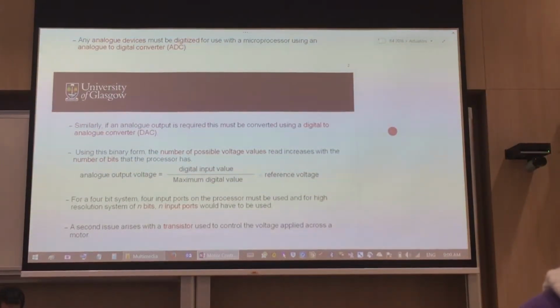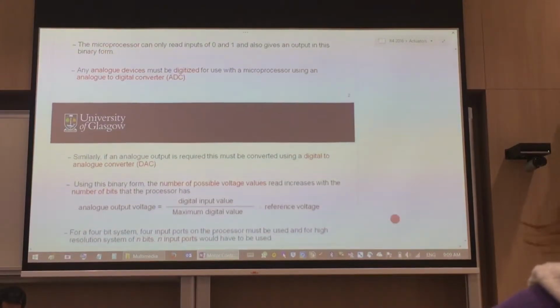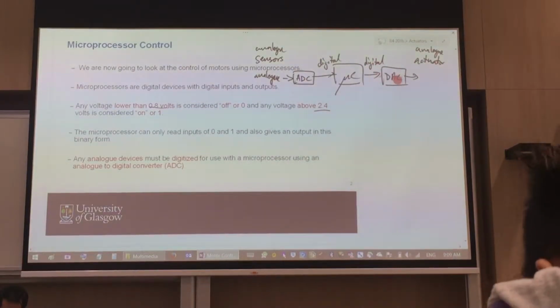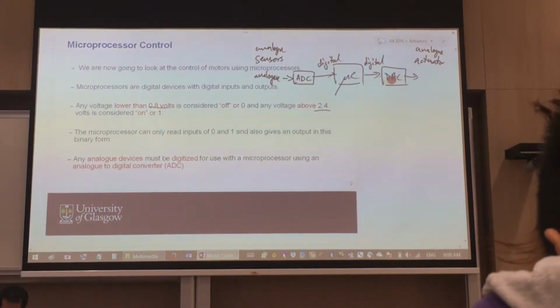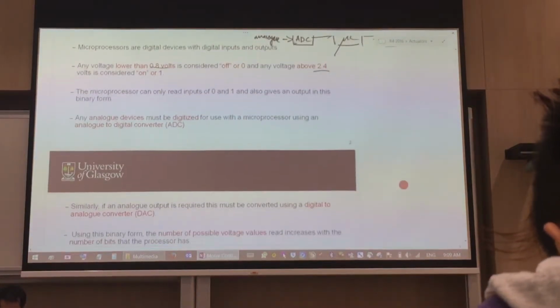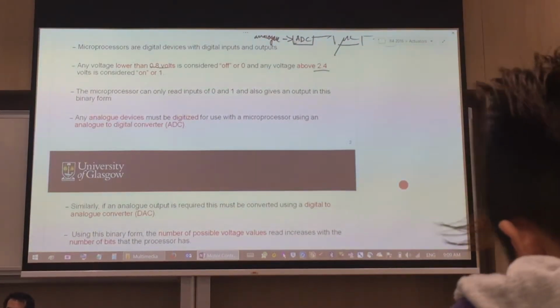So then how do we make use of this DAC converter? We use the DAC when we want a digital signal to be converted into an analog signal. Say for example, if you are using a brushed DC motor, your brushed DC motor will not respond to your digital signal.